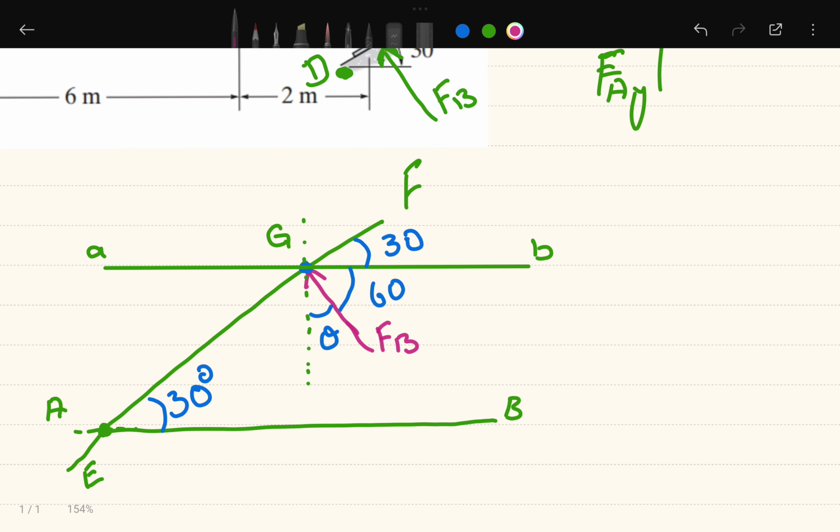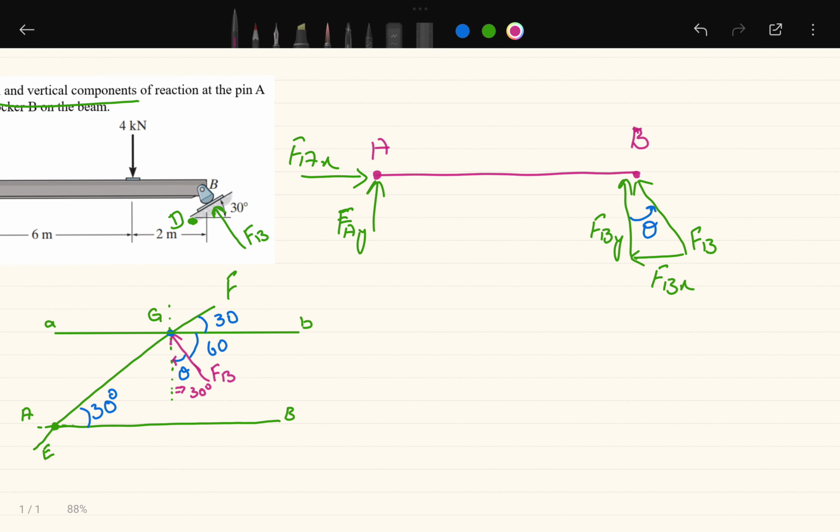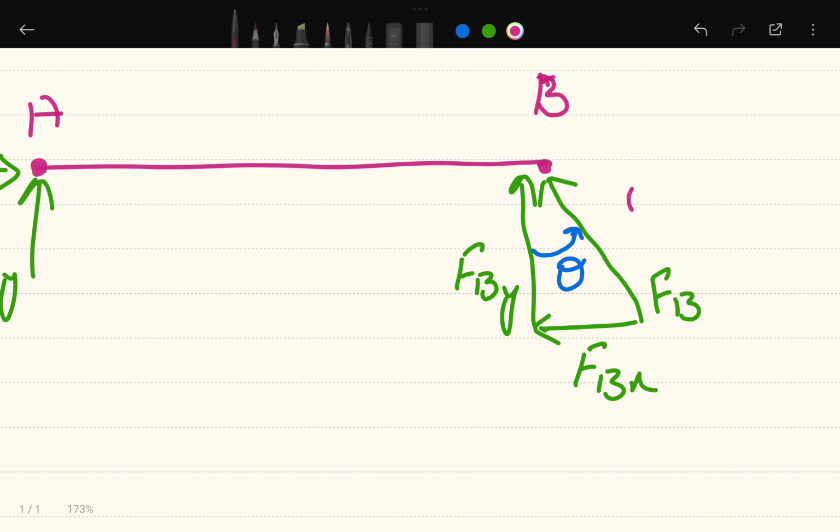The total of this angle will be 90, and we know that one side is 60, so we can find this theta by subtracting 60 from 90. Because the total is 90, you subtract the 60 from it and you get 30 degrees. So this is the angle we are looking for. We get the value of theta to be 30 degrees.